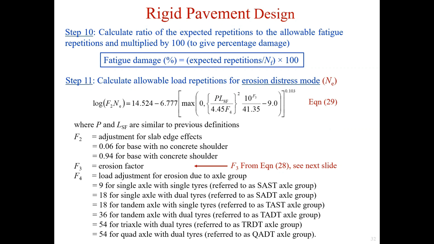F2 is the adjustment for slab edge effects, with a value of 0.06 for base with no concrete shoulder case, and 0.94 for base with concrete shoulder case. F3 is the erosion factor, which can also be calculated from equation 28. F4 is the adjustment for erosion due to different types of axle group ranging from SAST to QADT.